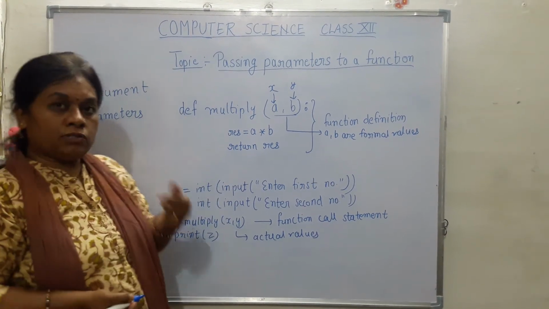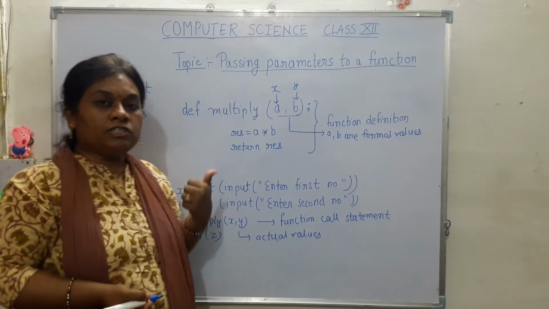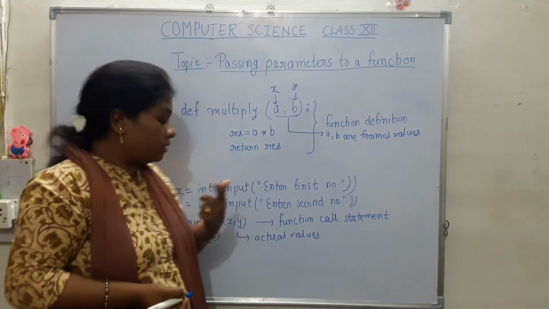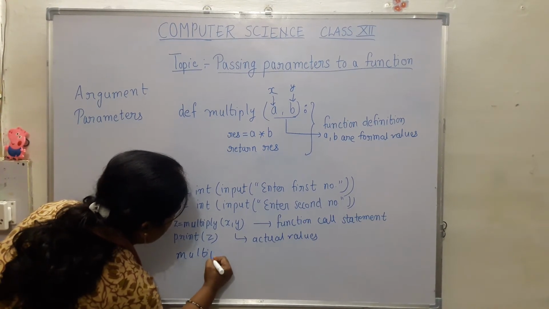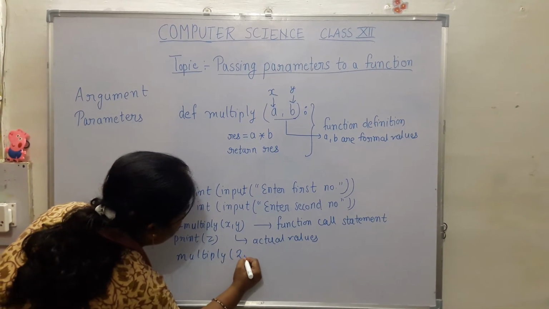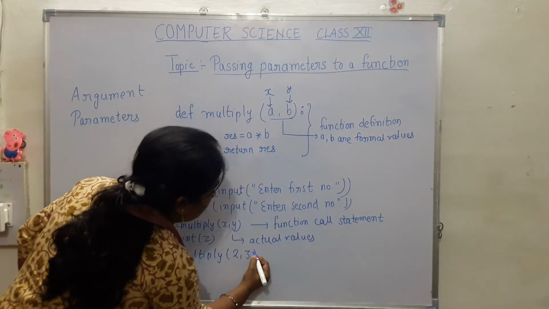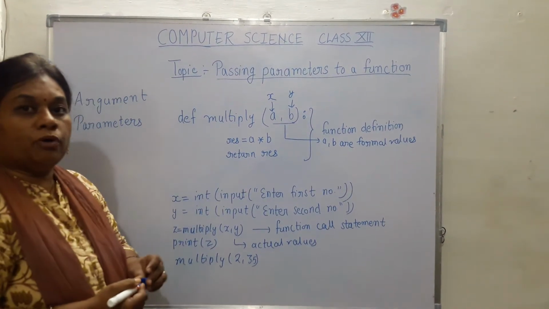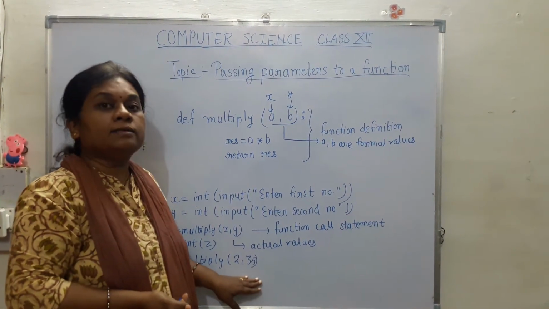We have also seen in our previous video that we can call this function multiply in another way. We can call multiply 2 comma 3, or we can write multiply 2 comma 3.5. So here the values being passed are literals.